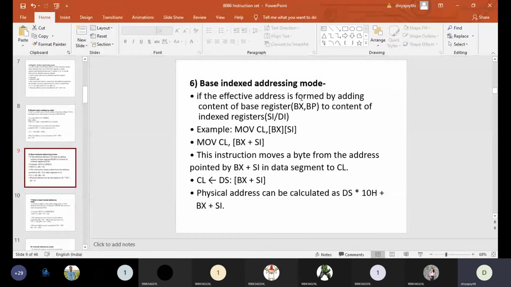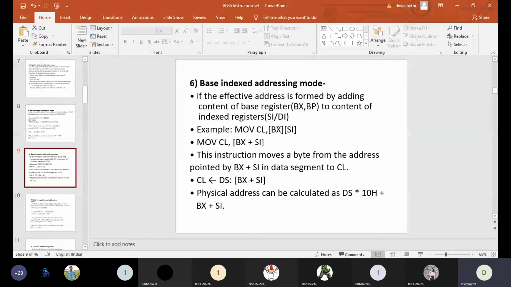MOV CL, [BX+SI]. See, the source is a base register and an index register. The name itself says that the source will contain a base register and an index register. So how is it going to execute? As both the base register and the index register are represented within the braces, and when something is represented in braces, that indicates that it is carrying the location.